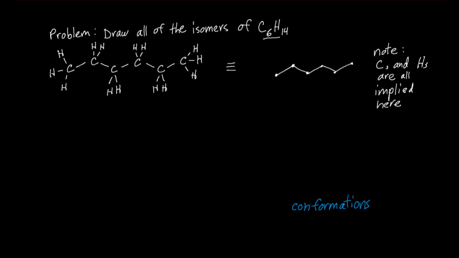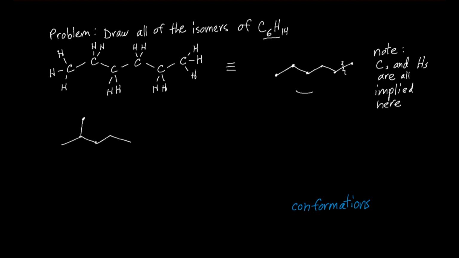And in fact, in most situations, I would say, it's better to have this sort of uncluttered view of the line structure. In a problem like this where you're trying to draw isomers, the first thing you're going to do is say, all right, if I disconnect a carbon on the end and put it somewhere else, for example, I can put it there. 1, 2, 3, 4, 5, 6, just counting.